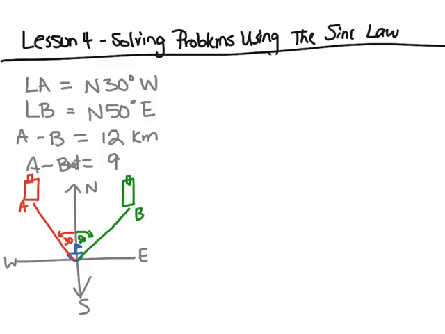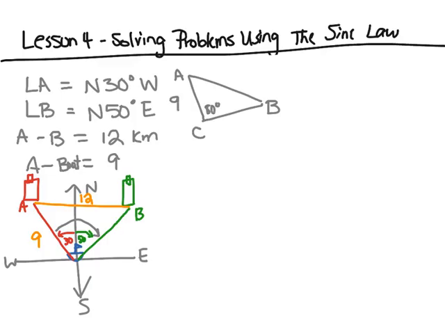The distance between the two lighthouses is 12 kilometers, and the distance between the boat and A is 9 kilometers. So to draw this triangle out looking a little less silly, we have a triangle. This is A, let's call this C for the captain, and B. The entire angle here is 50 plus 30, which is 80 degrees.